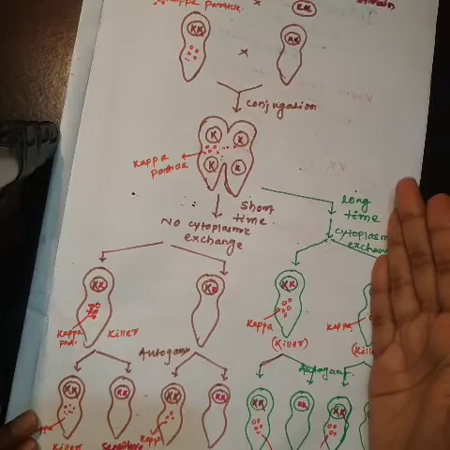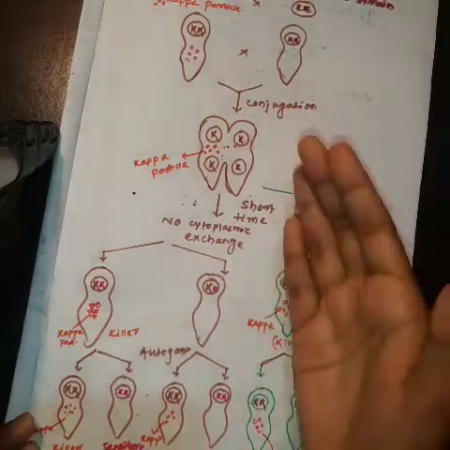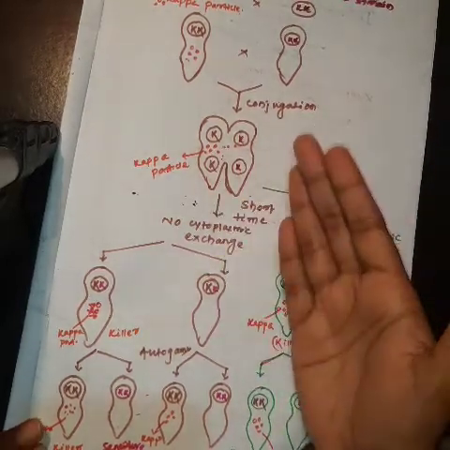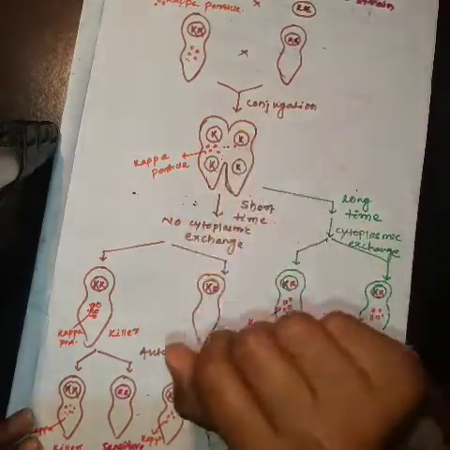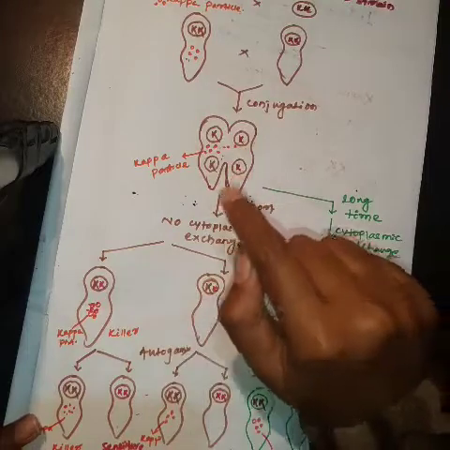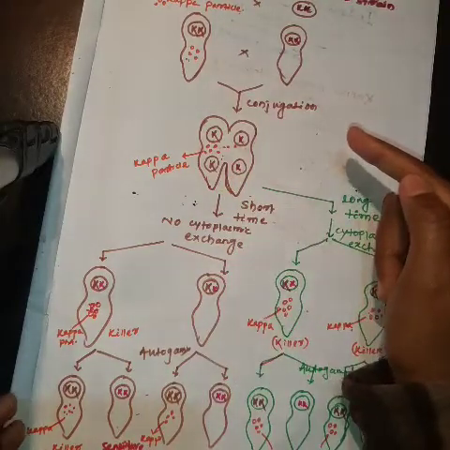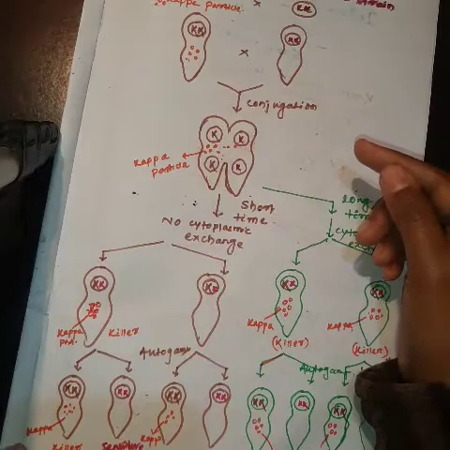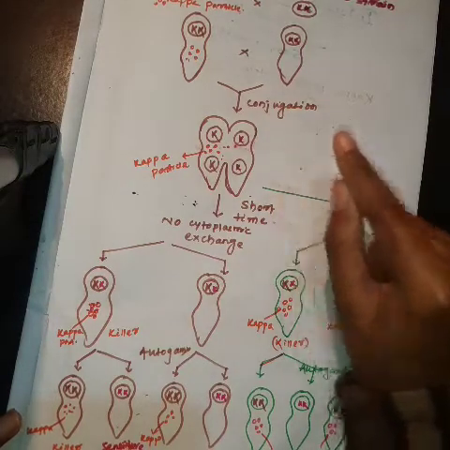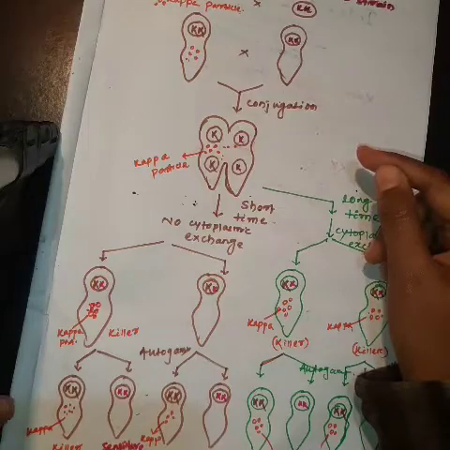And what is the killer strain? The strain having the genes which produce a toxic substance called paramecin, which is toxic to the paramecium, and it will eventually die. The killer strain will eventually die, while the sensitive strain does not possess any kappa particle and it will survive.